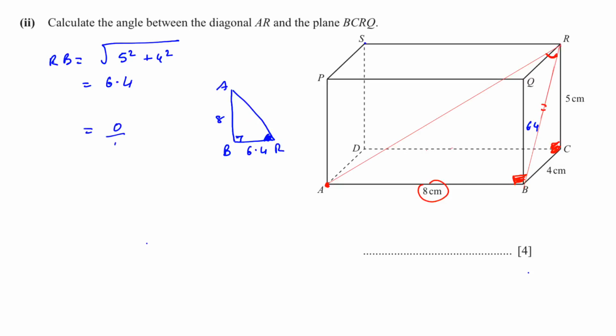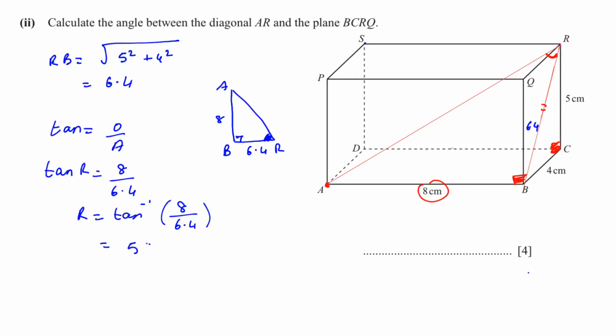If you have the opposite and the adjacent, it means we can use tan. Therefore, tan R is equal to 8 over 6.4, and R is equal to tan inverse of 8 over 6.4. Let's see what we get. 51.3 degrees. So that is the angle R.